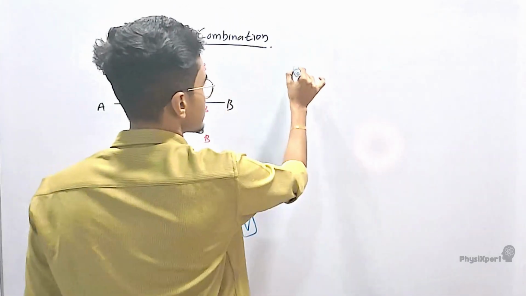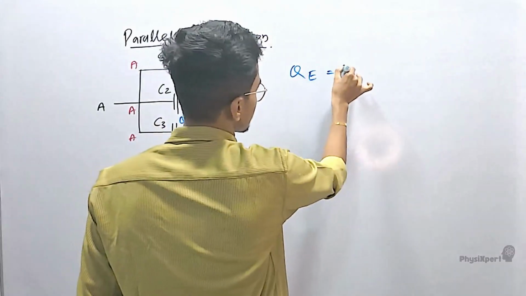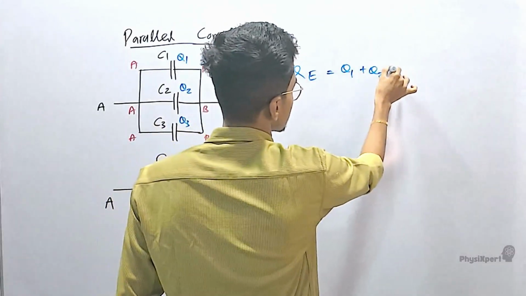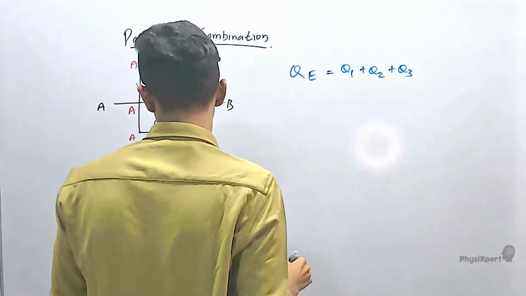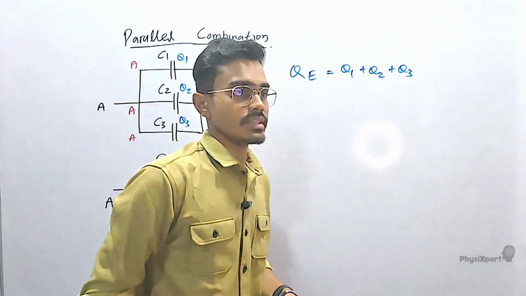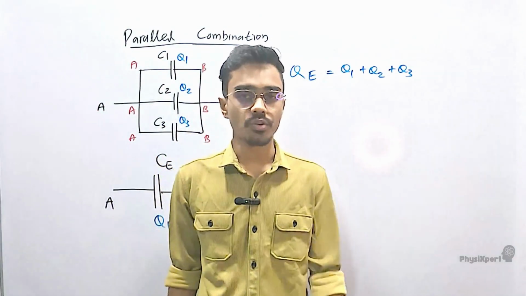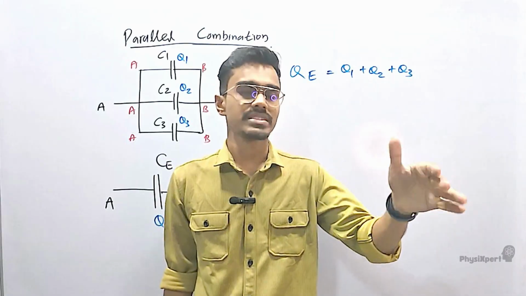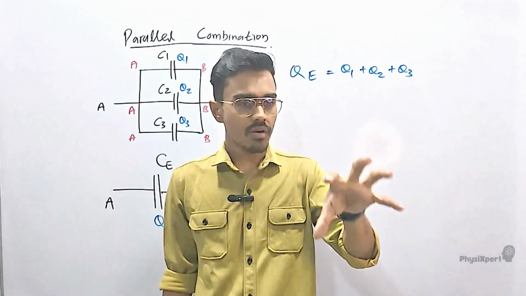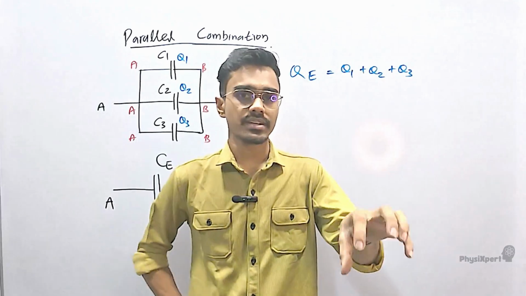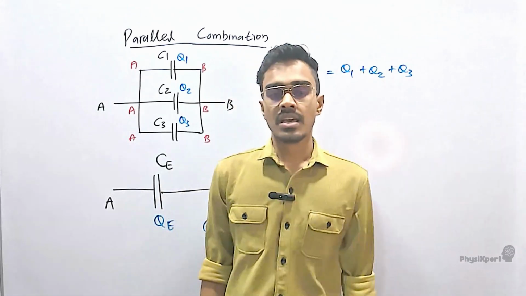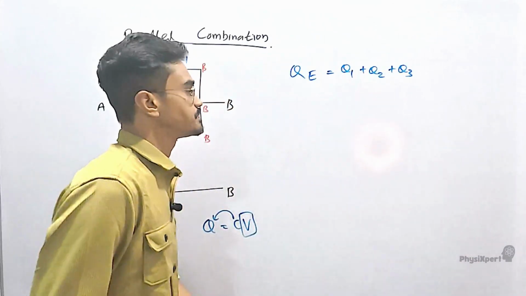So QE equals Q1 plus Q2 plus Q3, because the equivalent should do the same as the system did before. If the total charge stored in the system is Q1 plus Q2 plus Q3, the same total charge should be stored on the equivalent single-handedly.